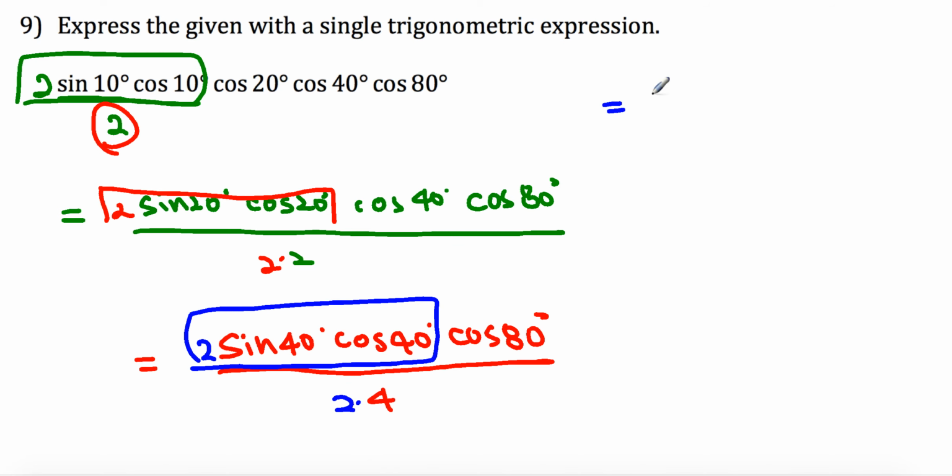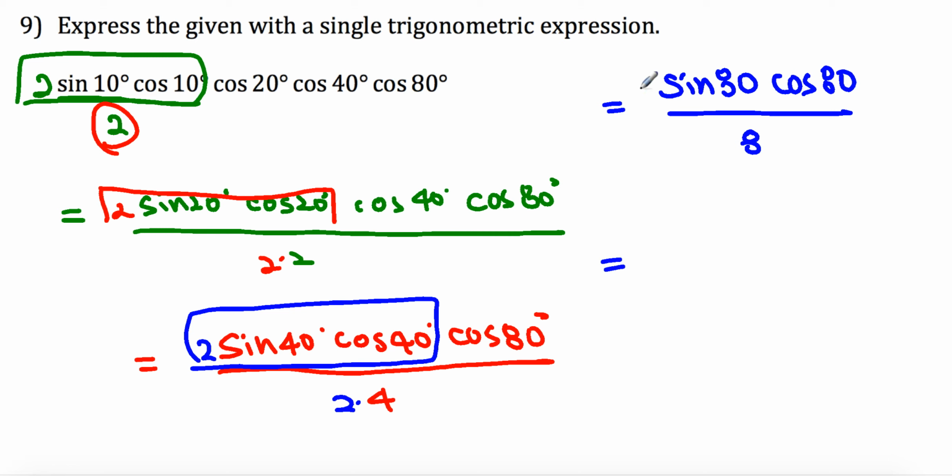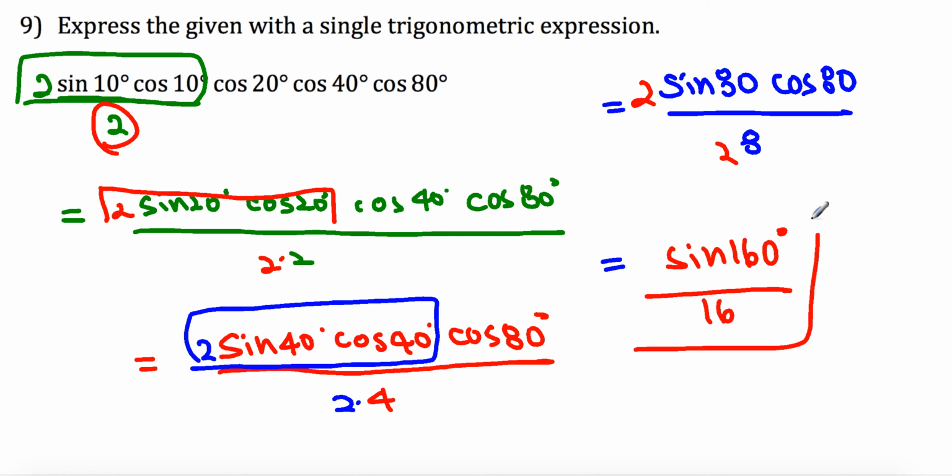So we get sine of 80 and cosine of 80 over 8 so far. Then here I can multiply top and bottom by 2 once again. Then we get sine of 160 by doubling the angle 80, and then divide by 16. So this would have been our answer, or anything that's equivalent to this one would have been our answer.